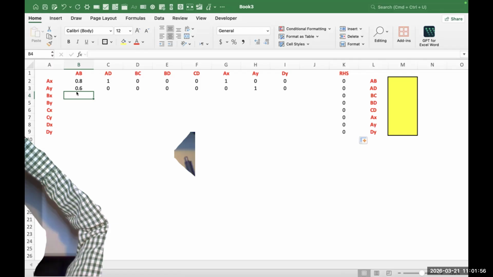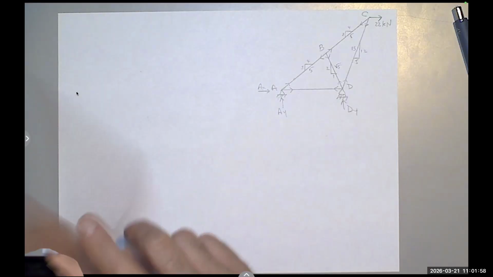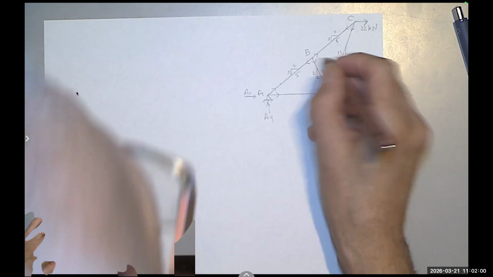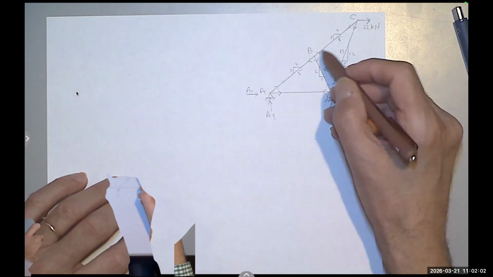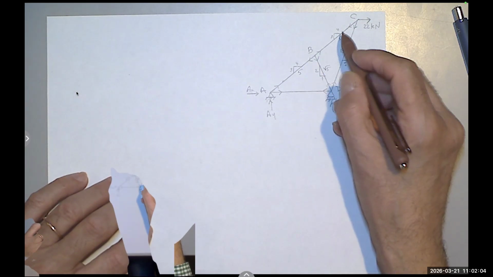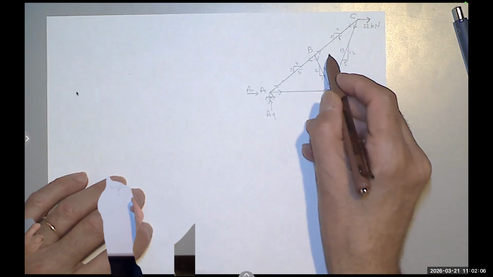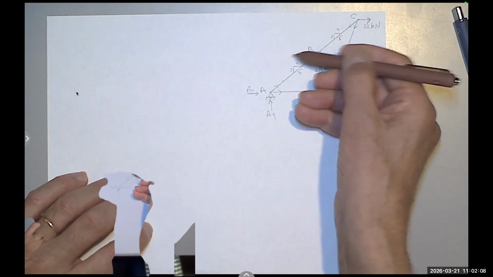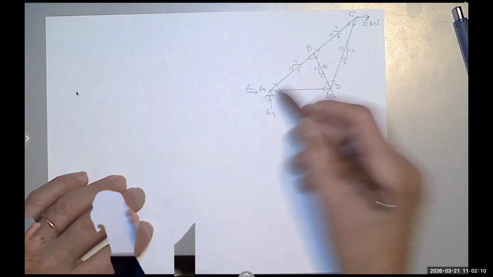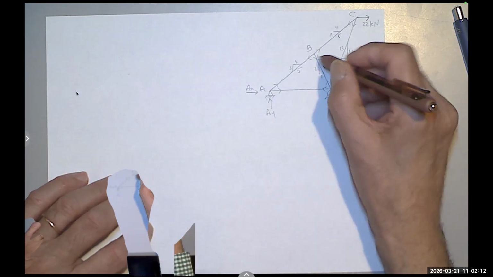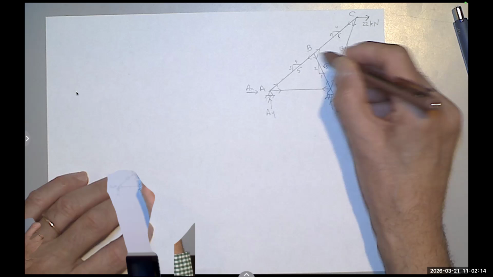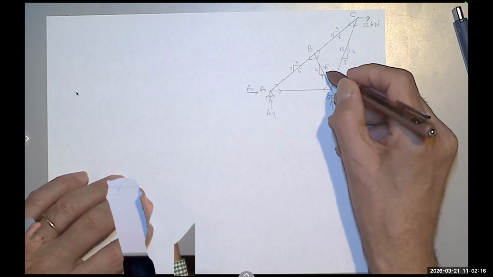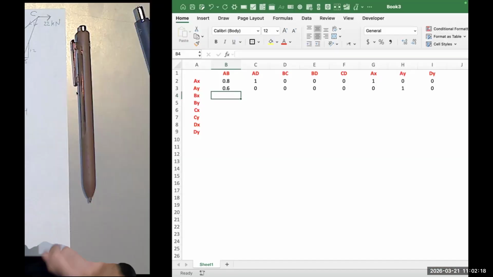Now, when I go to Bx, in the X, I have 3 forces. There is 4/5 of BC and negative 4/5 of AB, and then a positive 1/√5 for BD. So let's enter these.